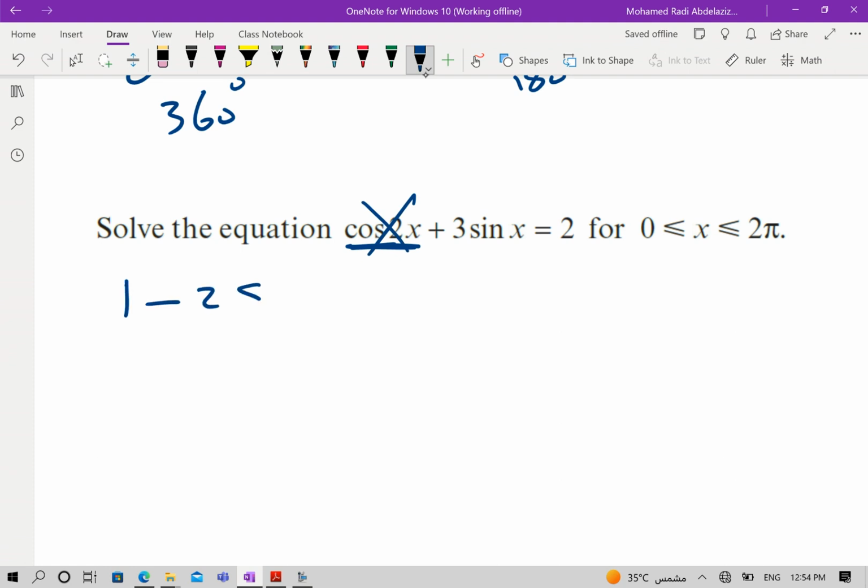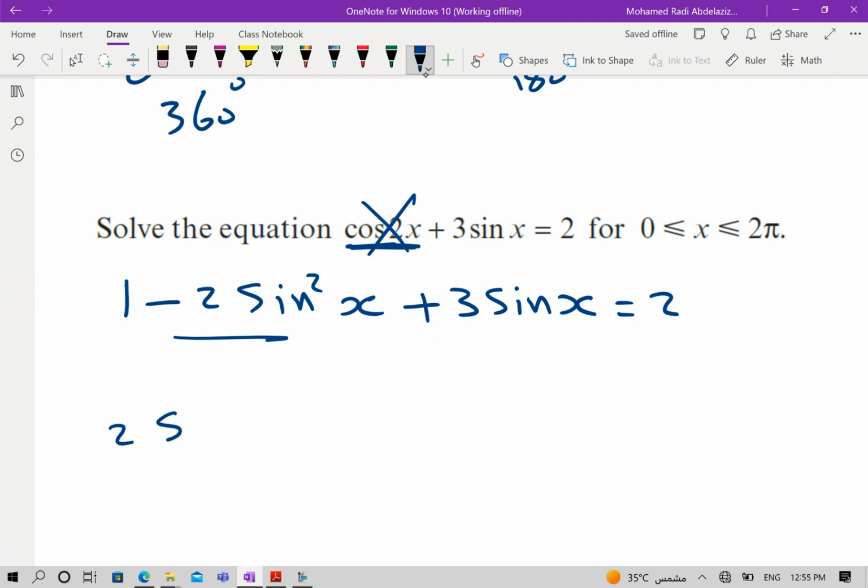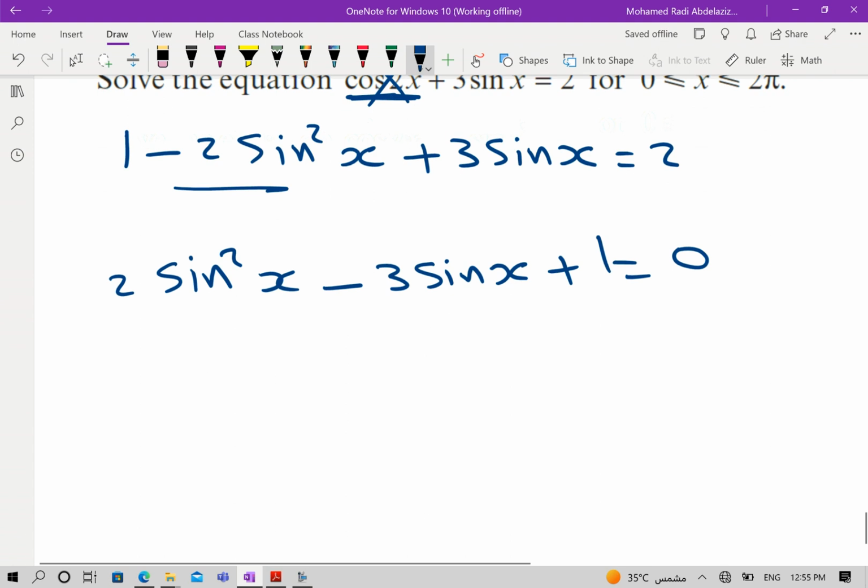1 minus 2 sine squared x plus 3 sine x equals 2. Move the negative to the other side. You are right, 2 sine squared x minus 3 sine x plus 1 equals 0, a quadratic equation.